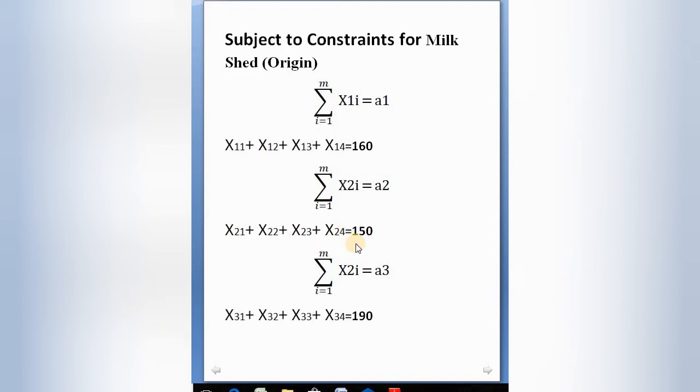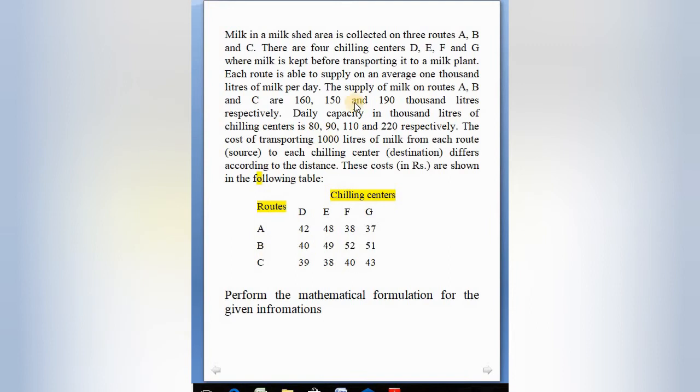It is equal to 150, the total capacity of B is 150. So x21, 22, 23, 24.